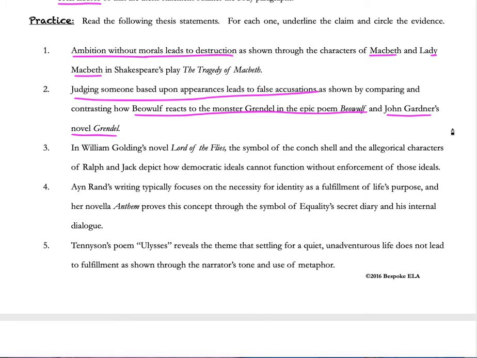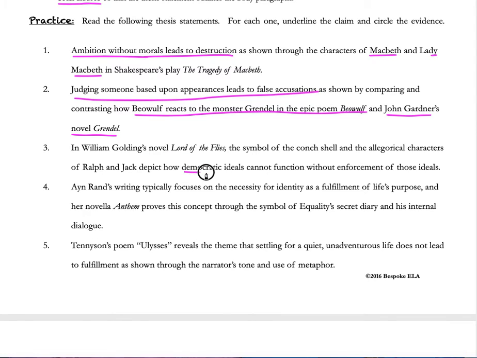Number 3, in William Golding's novel, Lord of the Flies, the symbol of the conch shell and the allegorical characters of Ralph and Jack depict how democratic ideals cannot function without enforcement of those ideals. I like this thesis statement because it's flipped, but it still does the exact same thing that the first 2 have done, right?